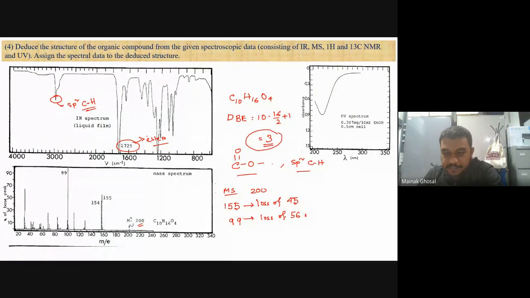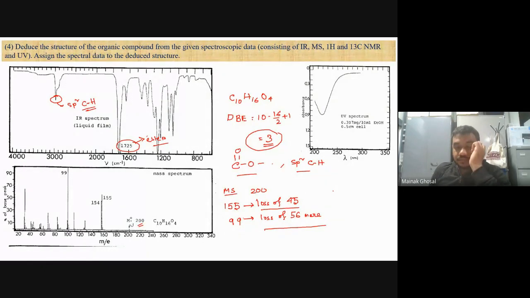So there is some group which has lost 45 mass units, for which you have got a peak at 155, and from there one hydrogen is lost, you have got a peak at 154, and the 99 peak is due to the loss of 56 more mass units, right?